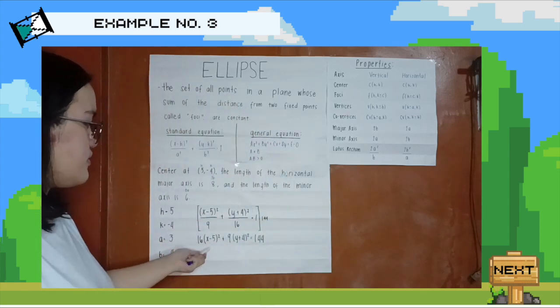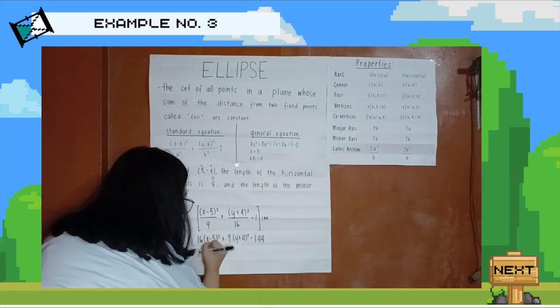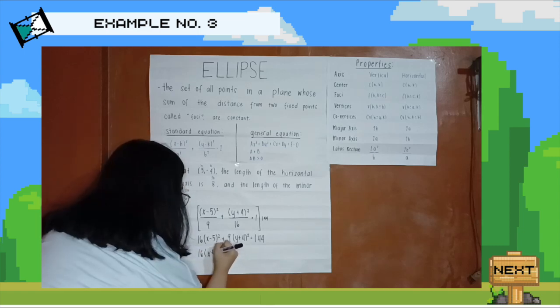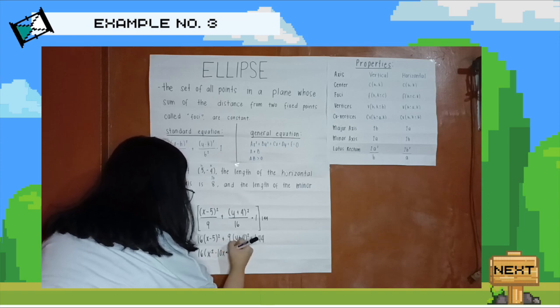And after this, we need to expand this. 16 times x squared minus 10x plus 25.